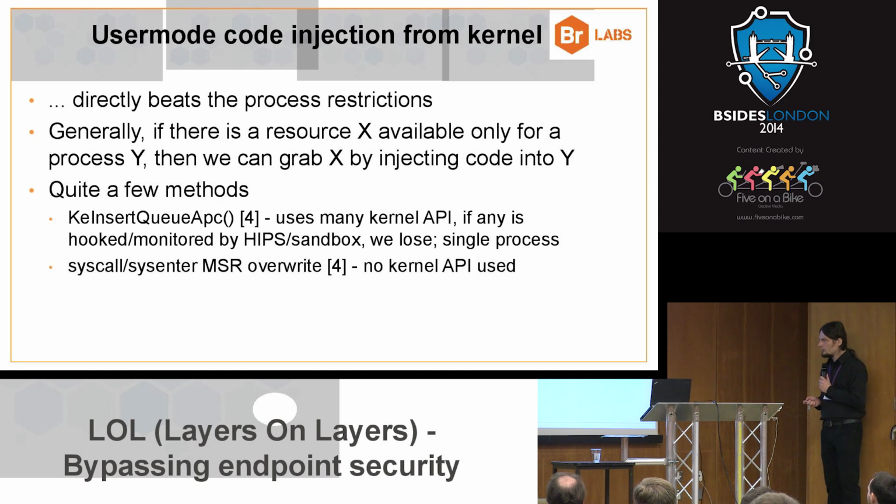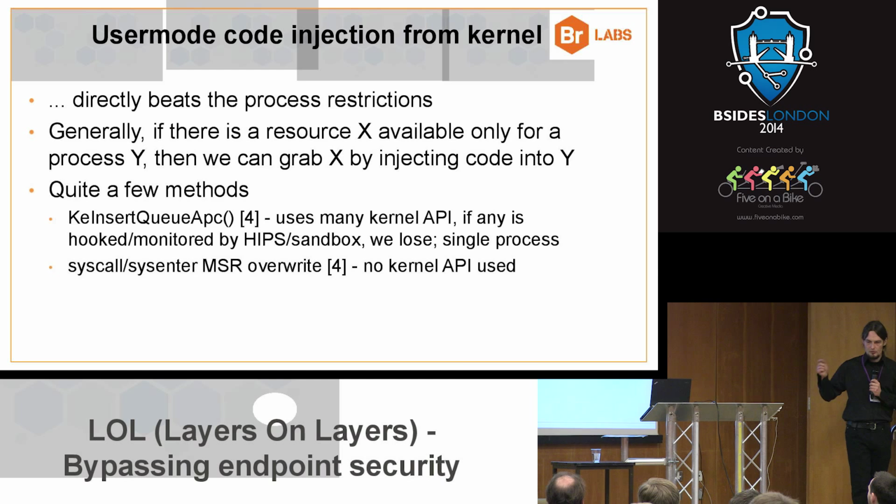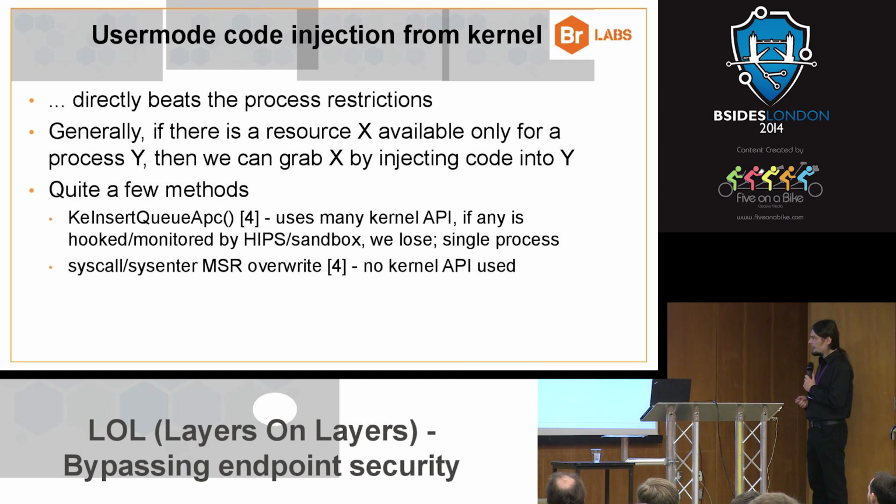So the most widely discussed method is the kernel API InsertQueueAPC, which effectively queues an asynchronous procedure call in the context of a given process. And it's nice, it works. The problem with it is that it's heavily dependent on kernel APIs. You have to prepare the APC, then you have to queue it. Then there is a problem with alertable versus non-alertable threads.